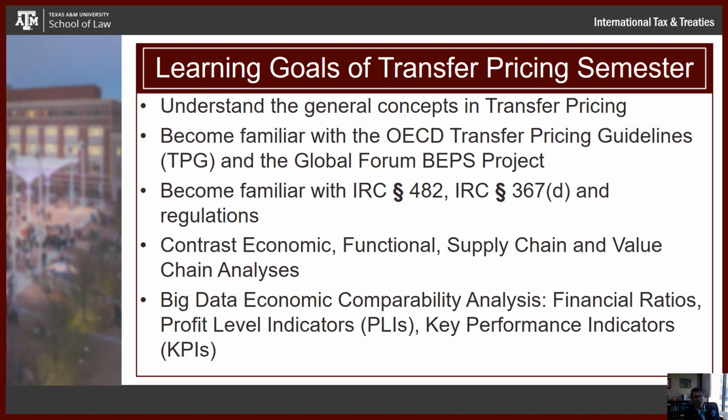What's that mean? Well, to understand transfer pricing, we're going to have to understand financial ratio and profit level indicators. We call those PLI concepts. Key performance indicators, KPIs. If you're in business or finance, certainly you use KPIs in that aspect. We're going to use them, but we're going to use them in a different valuation comparability aspect.